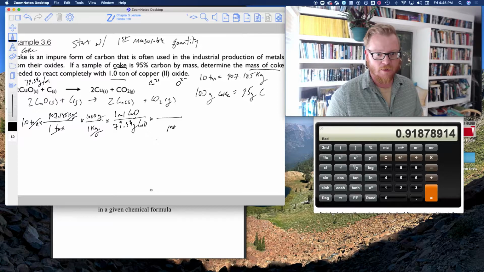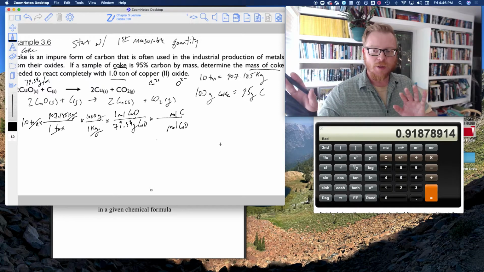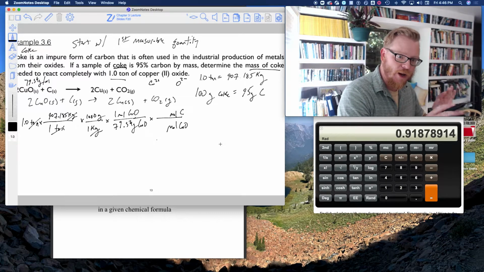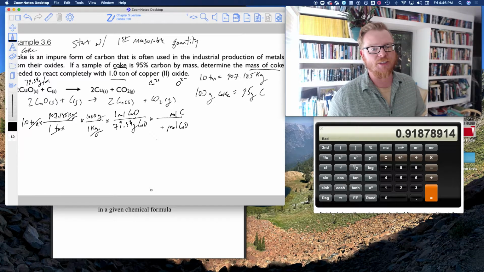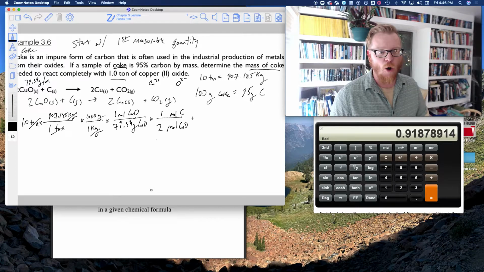I need moles of copper 2 oxide, and I'm going to convert that into moles of carbon. So this is that step where we have to convert moles of one reactant to moles of another reactant. And my balanced reaction says 2 moles of this copper 2 oxide are going to react with 1 mole of carbon.